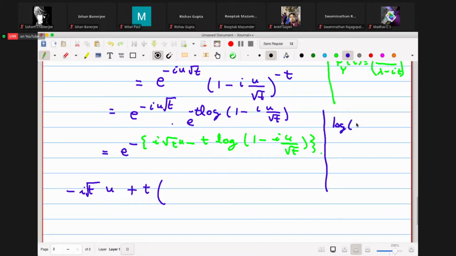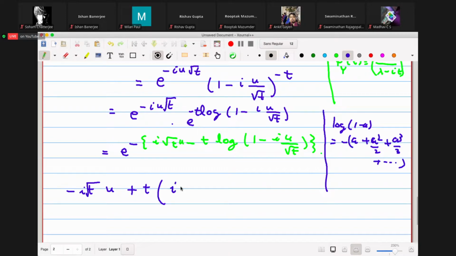Log 1 minus a is equal to minus of a plus a square by 2 plus a cube by 3, and so on, everything is minus. So I just do that in here.